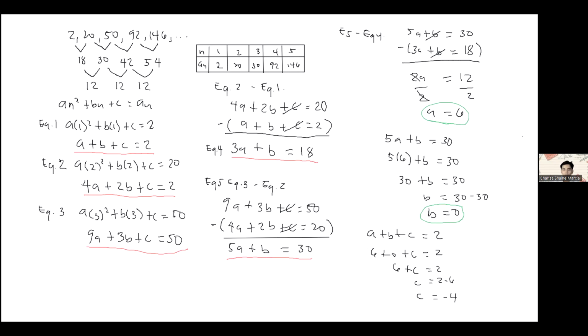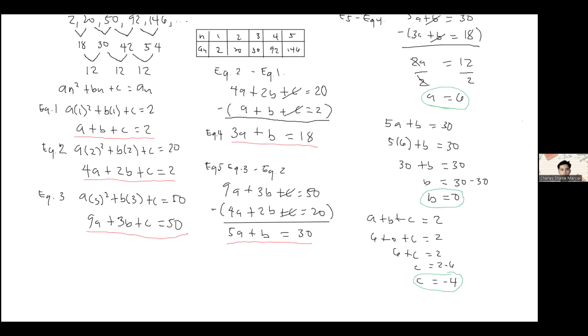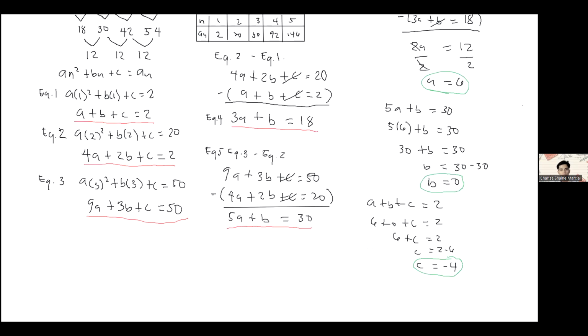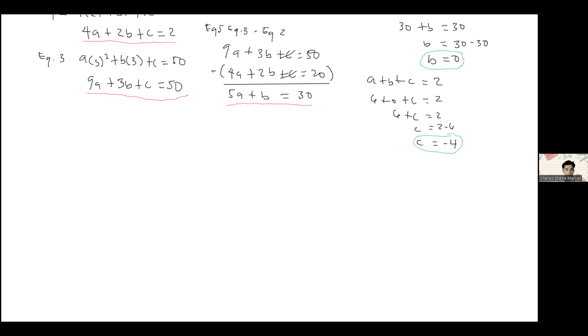Now, ngayong meron na tayong value ng a, b, and c, i-substitute na natin siya sa formula na a n squared plus b n plus c is equal to a sub n. Okay, so we have a is equal to 6, b is equal to 0, and c is equal to negative 4.